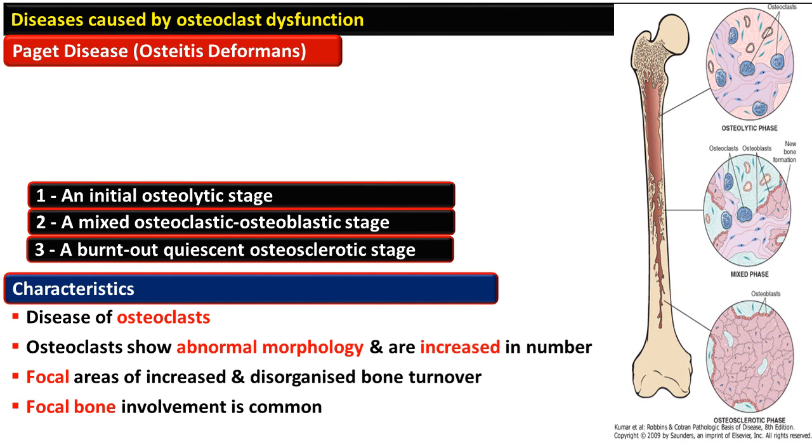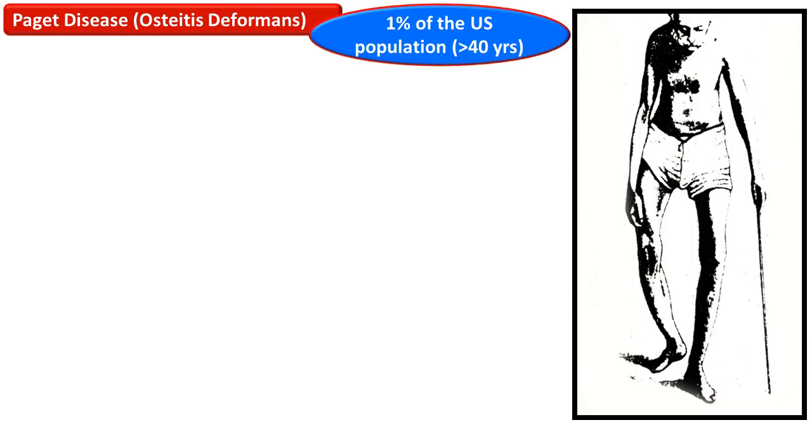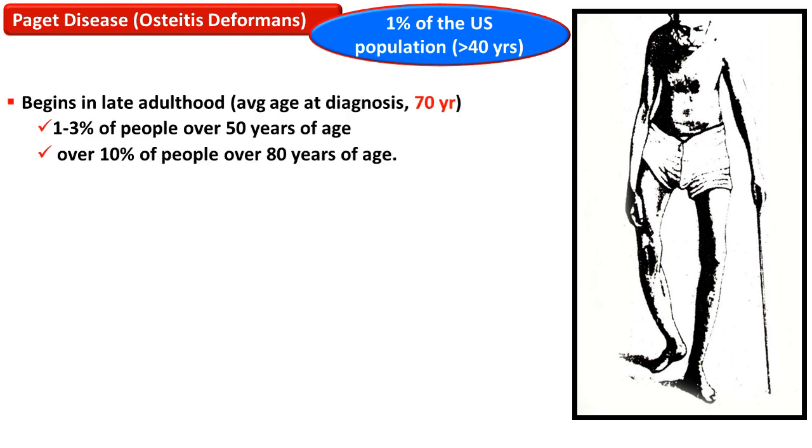So the characteristics of Paget disease are that it is a disease of osteoclasts, which are abnormal and increased in number, and this can occur in focal areas of bone, and it can be monostotic also. 1% of the population in the US who have crossed 40 years of age are affected by this disease.